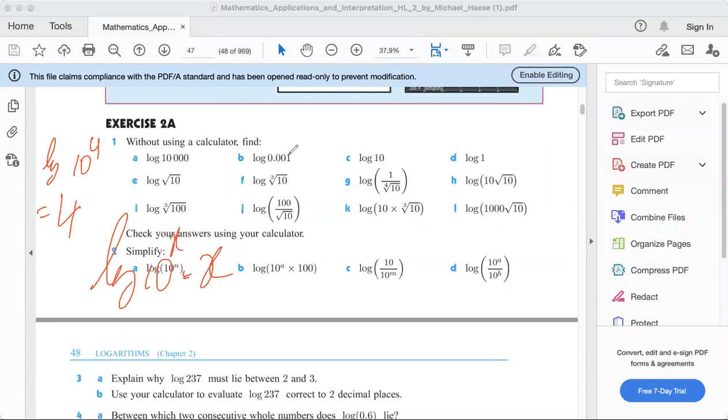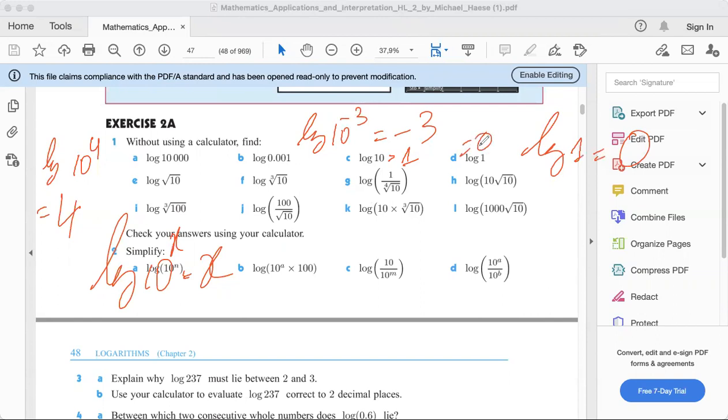For example, letter B, you need to convert 0.001, which equals 10 power minus 3. So the result is x equals minus 3. And then you need to remember logarithm base whatever of 1 always equals 0.